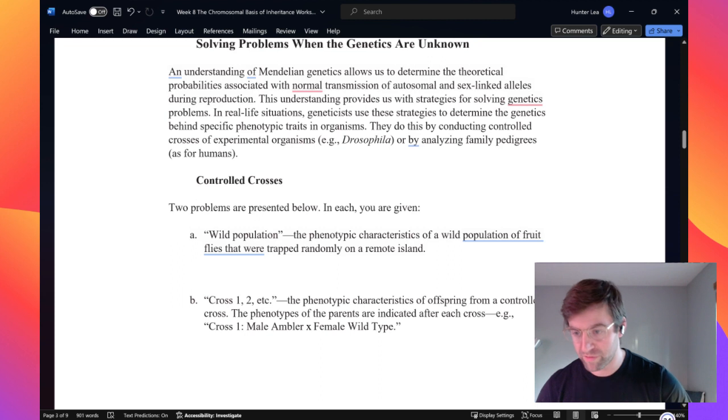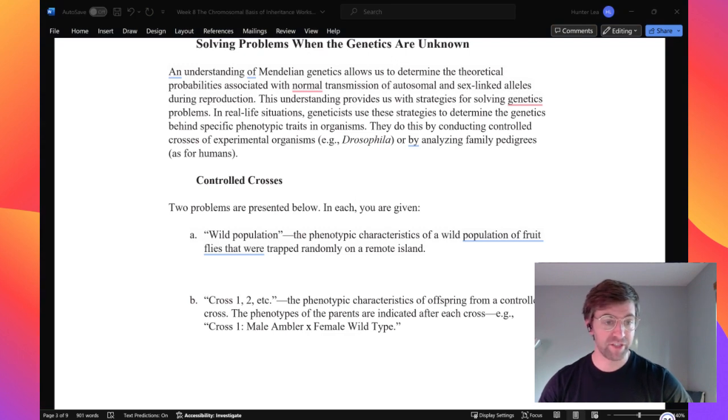Now we're on to solving problems when the genetics are unknown. So this is working backwards, right? And this is much more like, I think, what you would see in an experimental setup, for example, with a wild population that you want to understand the genetics of. So an understanding of Mendelian genetics allows us to determine the theoretical probabilities associated with normal transmission of autosomal and sex-linked alleles during reproduction.